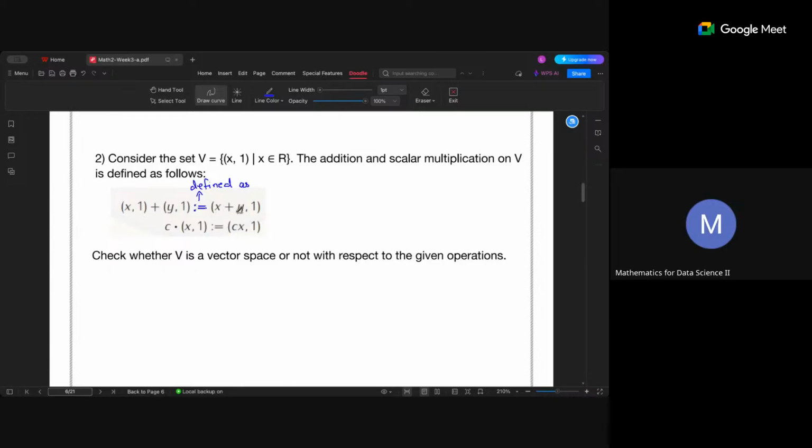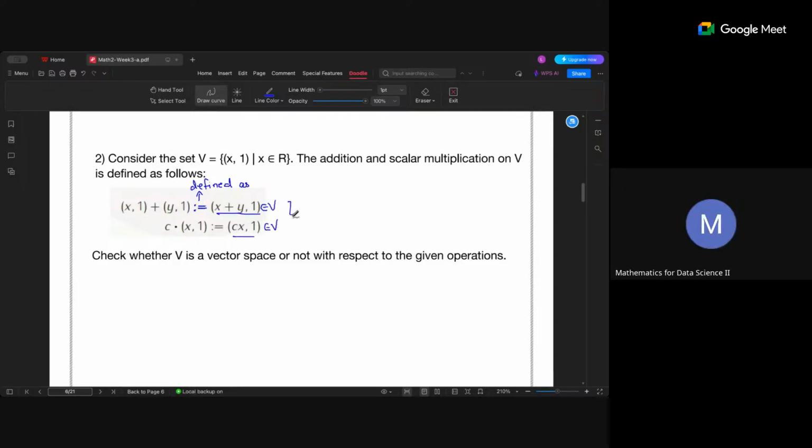Now, is the resulting vector in V or not? Is (x plus y, 1) there in V or not? Yes, ma'am, it should be, because the second component is 1. That's all, right? So this belongs to V. What about this one? It also satisfies.